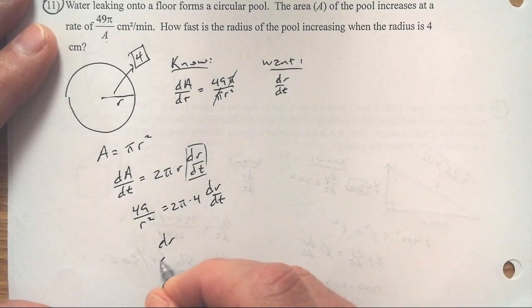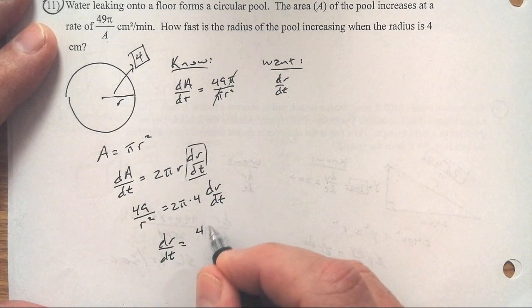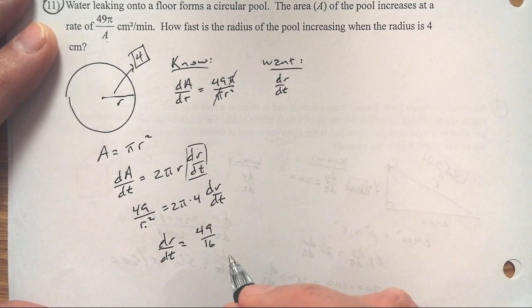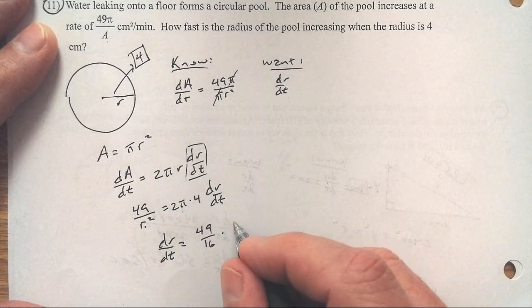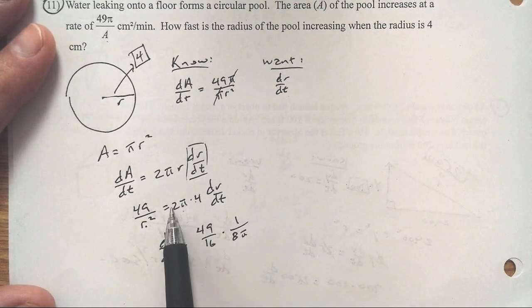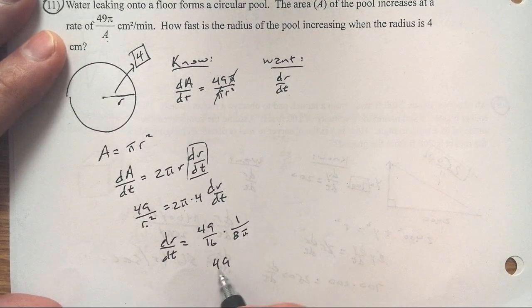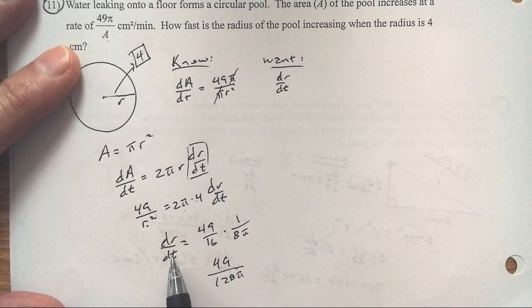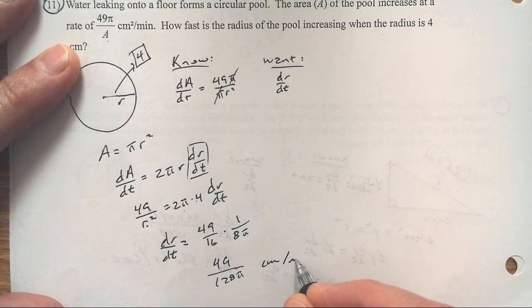So we get dr/dt equals, let's see, it was 49 on, this could be a 4 as well, 16, and we need to multiply by 1 on 8 pi to get rid of the 8 pi, or we get 49 on 128 pi. Our unit for radius is a length. Our unit measure is centimeters per minute.